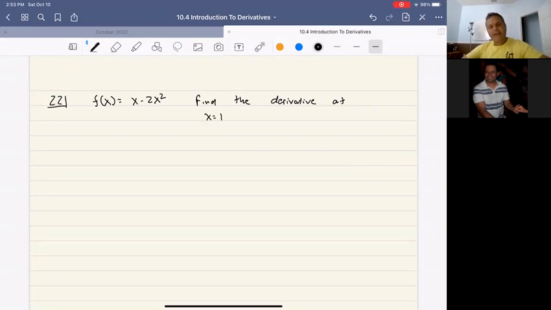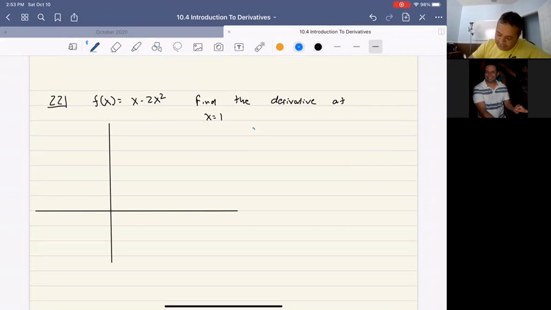So x minus 2x squared, let me just go ahead and graph that first. Let me write that. x minus 2x squared equals x times 1 minus 2x.